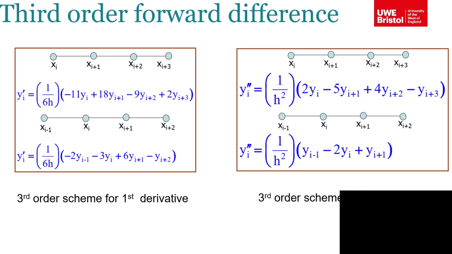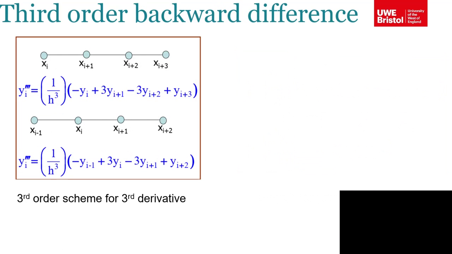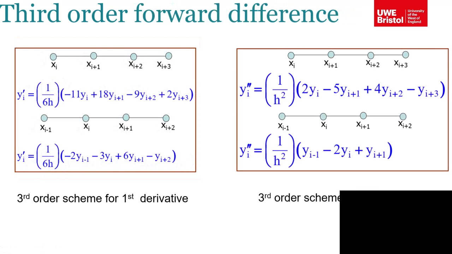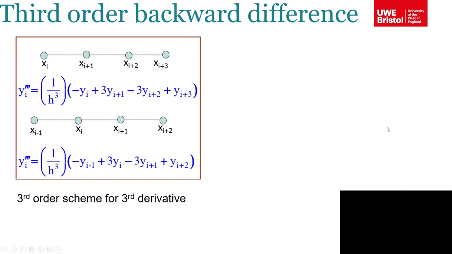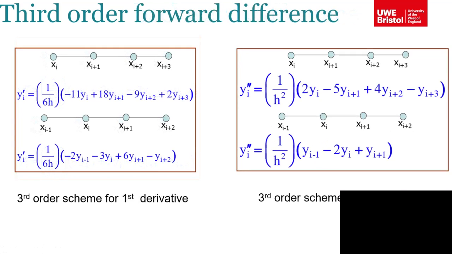So that's your third order forward difference scheme, for the first derivative, that would be for the second derivative, and there is one for the third derivative as well, because you are looking at yi triple prime. So you need yi prime, double prime, triple prime.